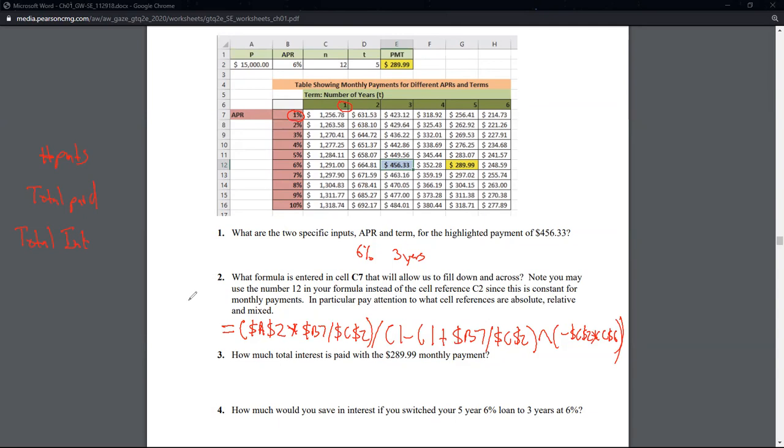All right, so the number of payments, well, it's 12 times a year, and then how many years? Well, we're paying, and this was the $289.99. We're back to that. We're not on the $456, we're on the $289.99. So we're paying that for 5 years, 12 months at a time. So that's 12 times 5, which is 60. So there's 60 payments.